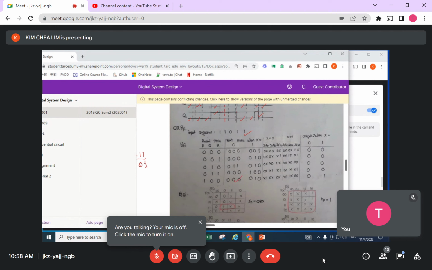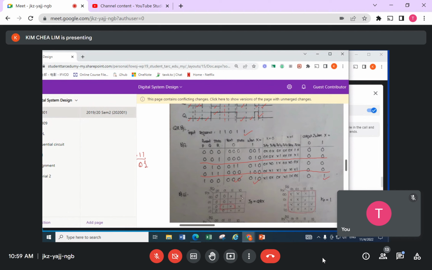This one 0, 1, 0, 0, 1, 0, 1, 0, 0, 0, 1, 0, correct. Also, every 2 or 3 rows draw a line, easy to see. Otherwise, it's full of 0s and 1s plus some don't cares. Then this one 1, 2, 3, 4, all 0. Correct.